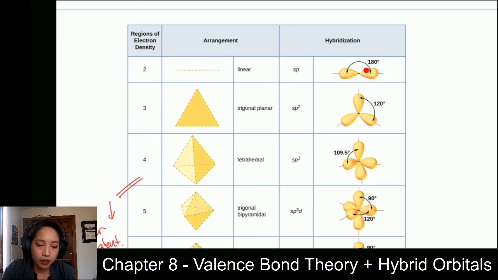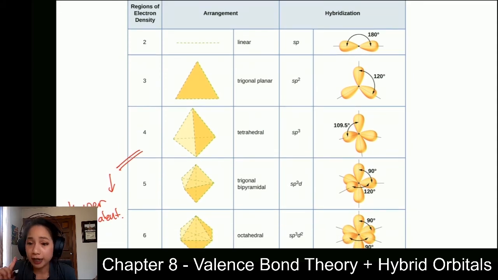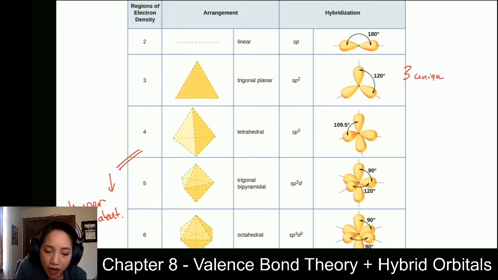And again, here are the shapes of all of those different hybrid orbitals. But again, books do a bad job. How they draw this makes it look like it's just one orbital. It's not. In sp, there are 2 unique hybrid orbitals. In sp2, there are 3 unique directional hybrid orbitals.